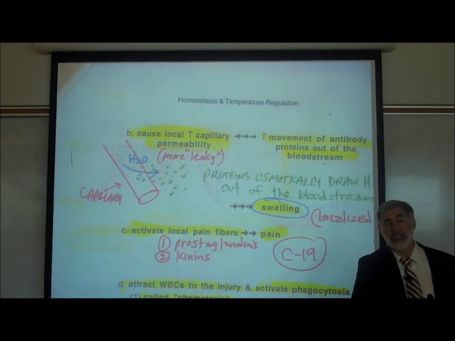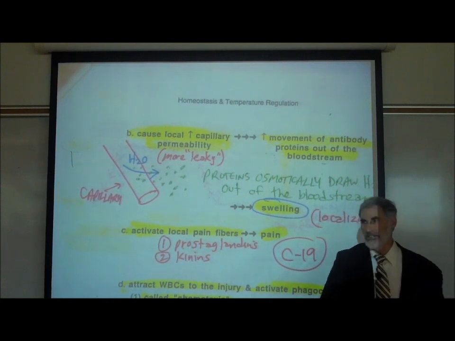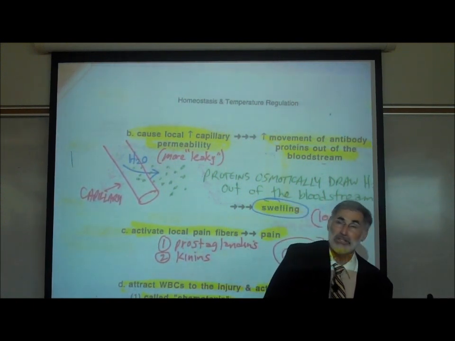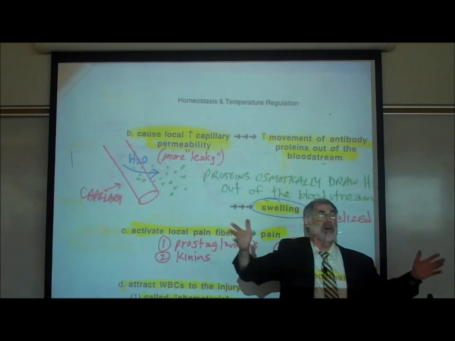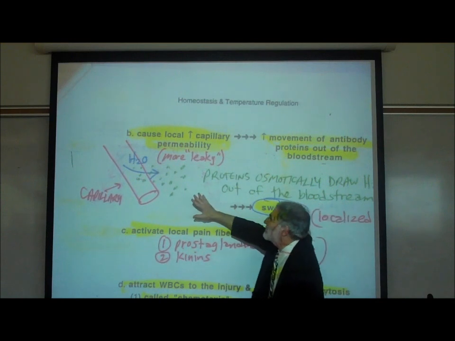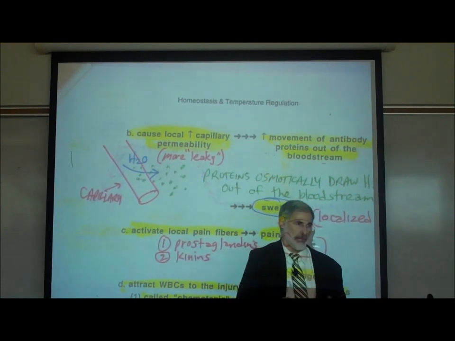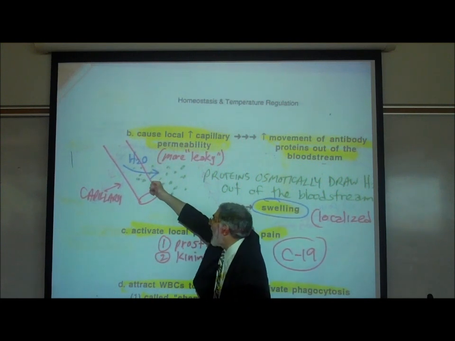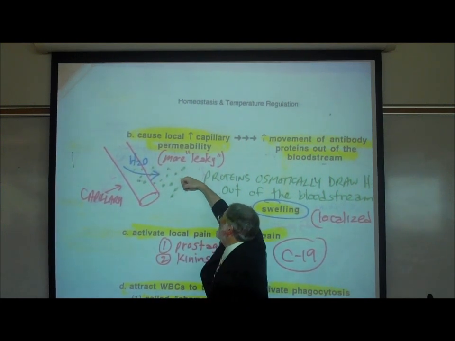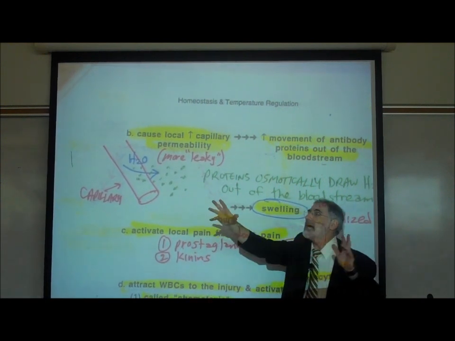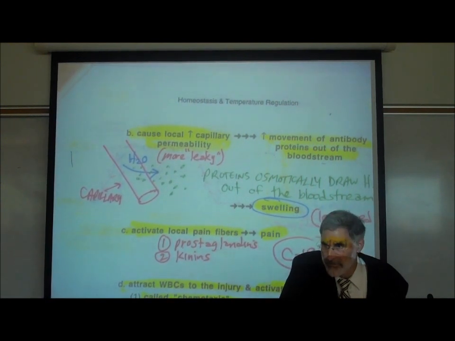Some of these proteins might include antibody proteins, because even antibody proteins circulating in our bloodstream wouldn't be able to get out of the bloodstream to the injured area normally unless a chemical makes the walls of the capillary more permeable.